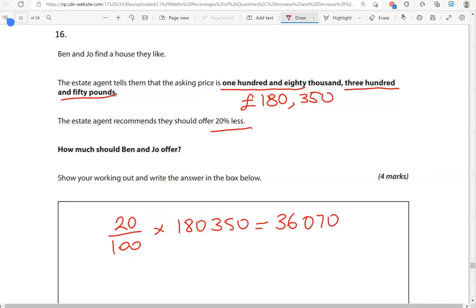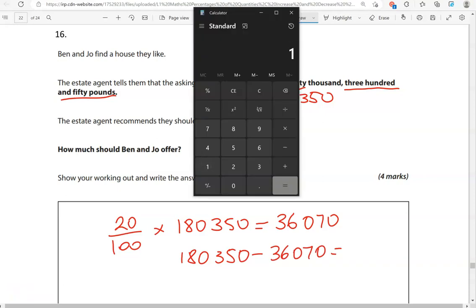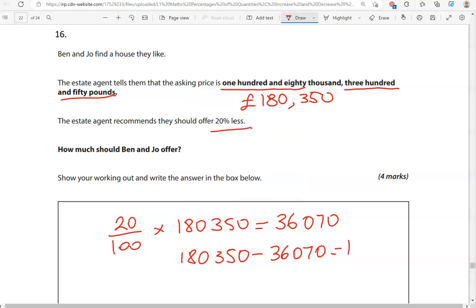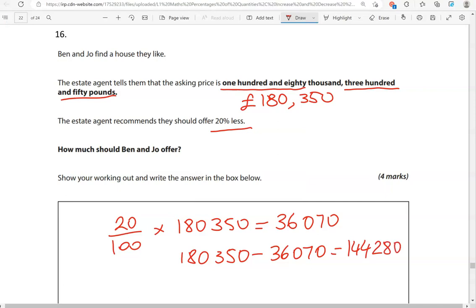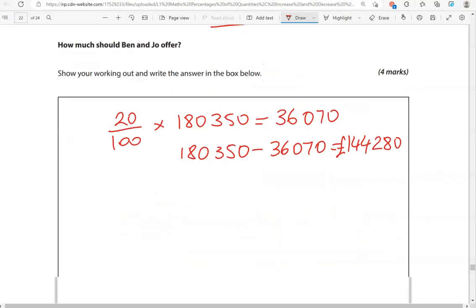So we're going to take it away from 180,350. And that gives us 144,280 pounds. That's how much they should offer.